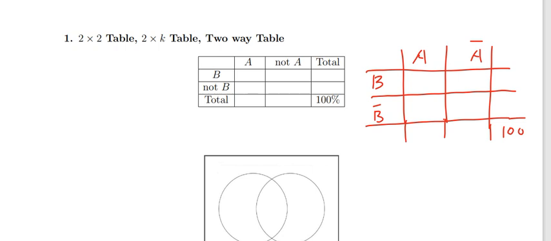We can separate A or not A: suppose A is 30, then not A is 70. We can also separate B or not B: suppose B is 40 and not B is 60. To fill out this table, we need some other information, right? This cell is A and B, and this is B but not A, right?